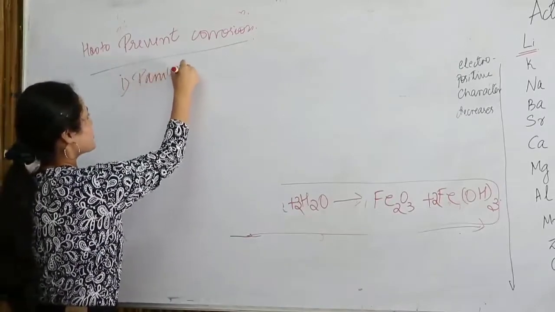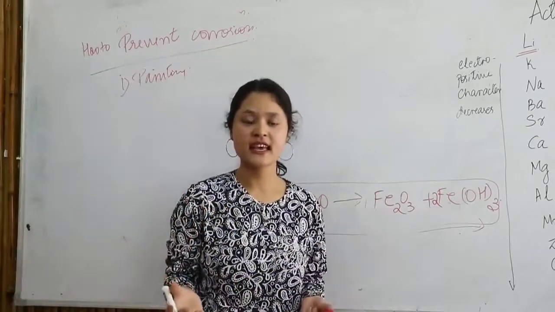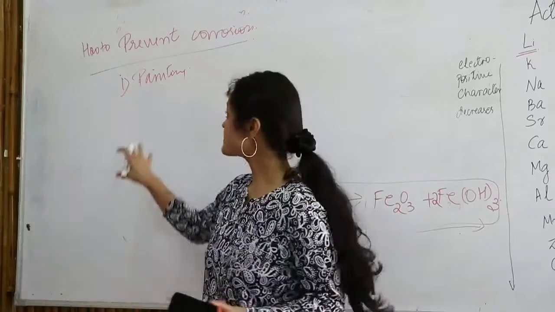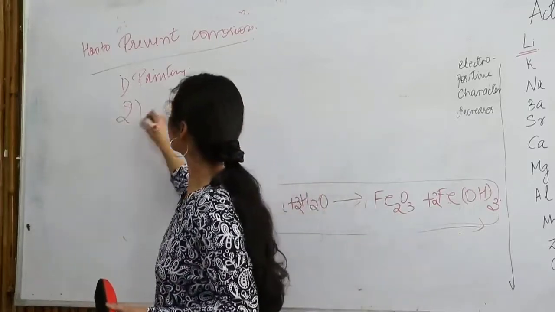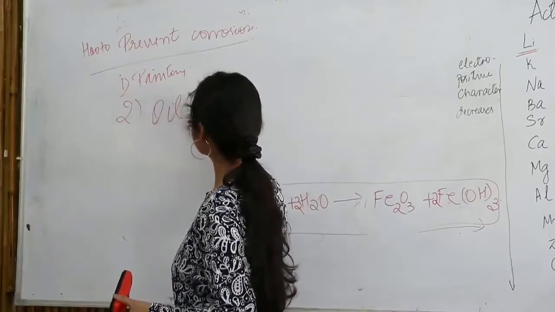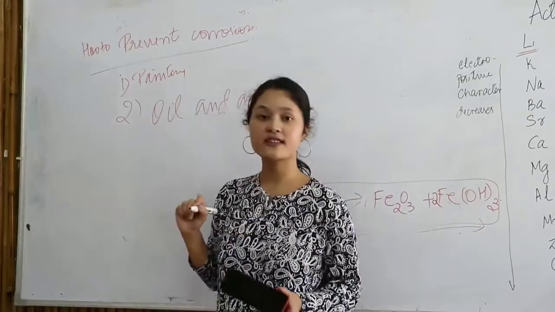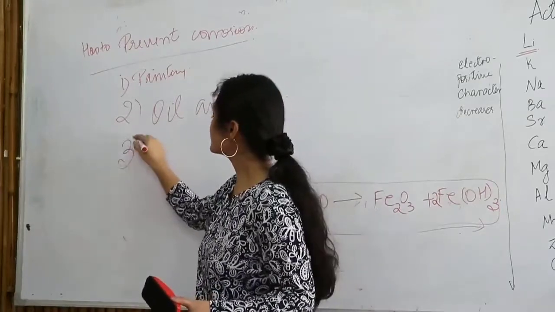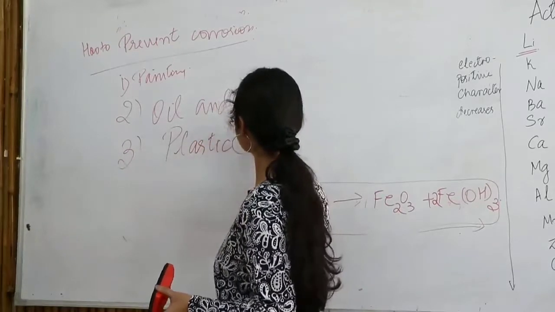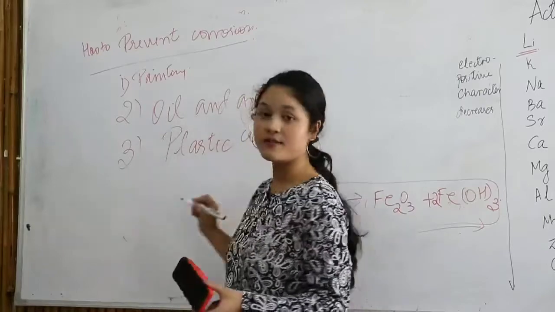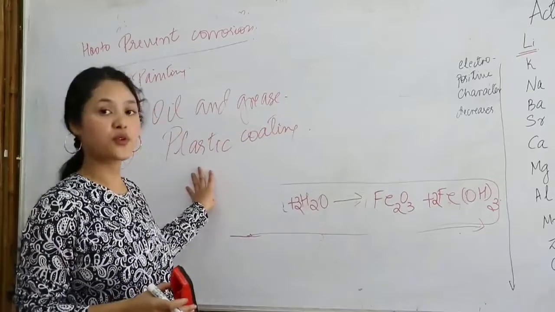You just paint the surface of iron or the surface of the metal, then it will protect the metal from corroding. Number 2, you can just oil and grease the metal. This also prevents corrosion. And the third one, you can do plastic coating. You can just coat the metal with plastic, then it will prevent it from corroding.